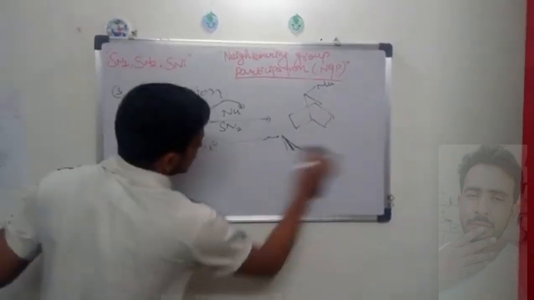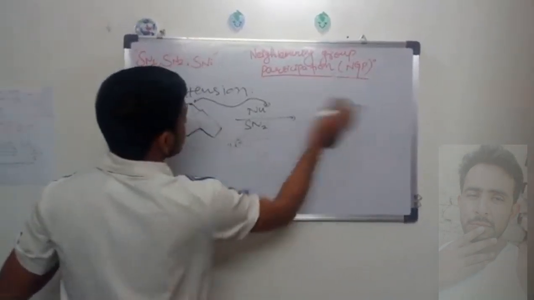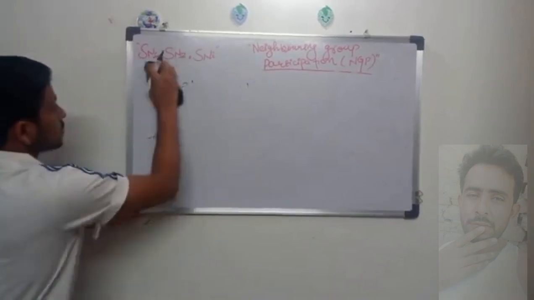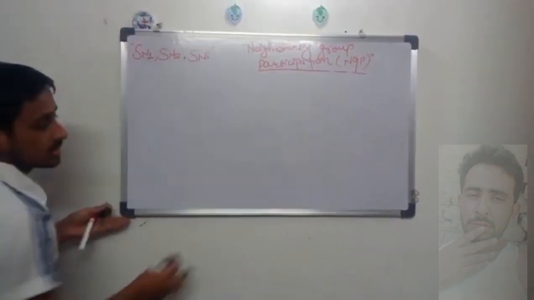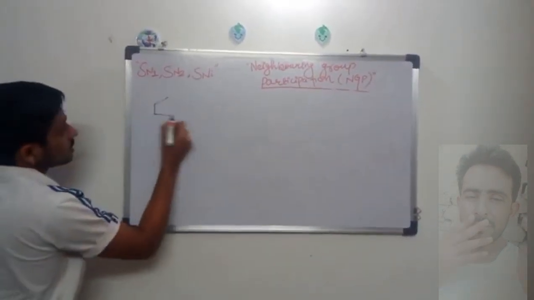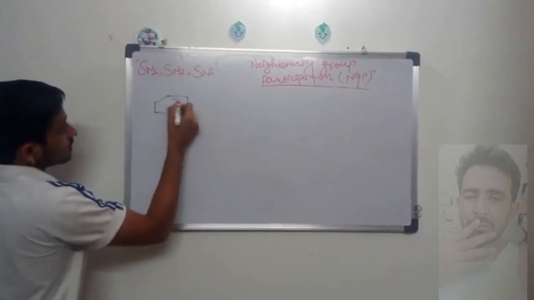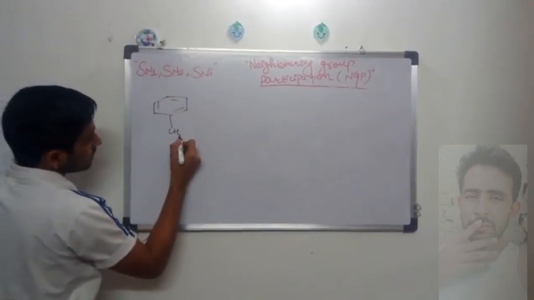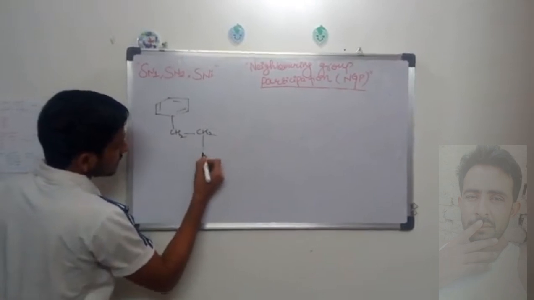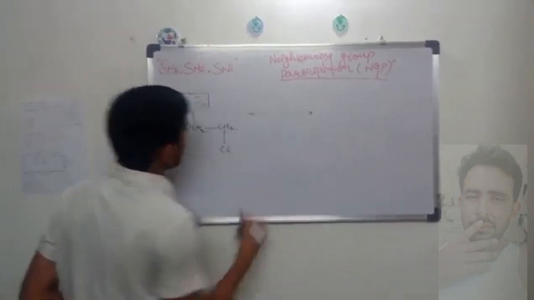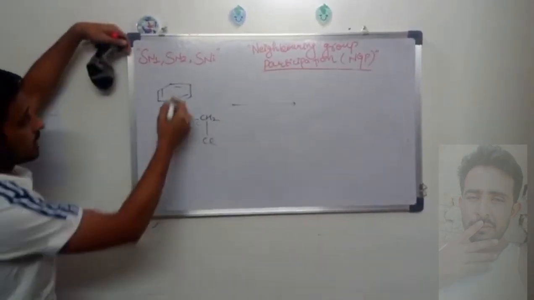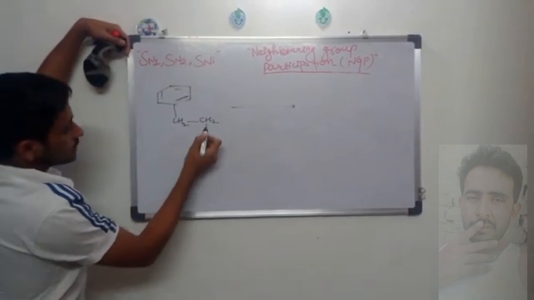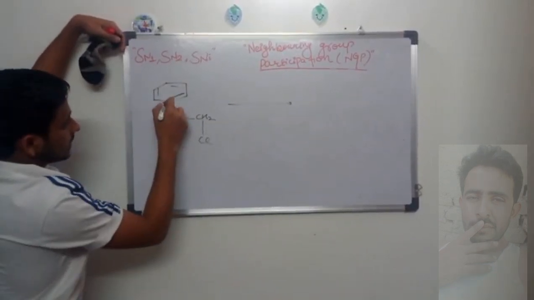Now I have one more example, which is a very important example. We can say the participation of a benzene ring, a phenyl ring, as the neighboring group. I have taken a very simple example, CH2Cl. In this reaction there is a presence of a double bond adjacent to the leaving group, alpha beta we can say.